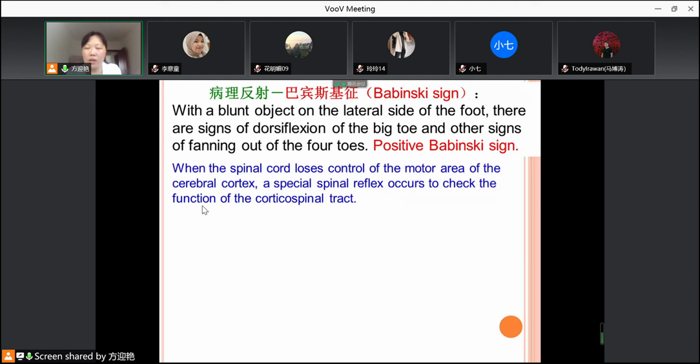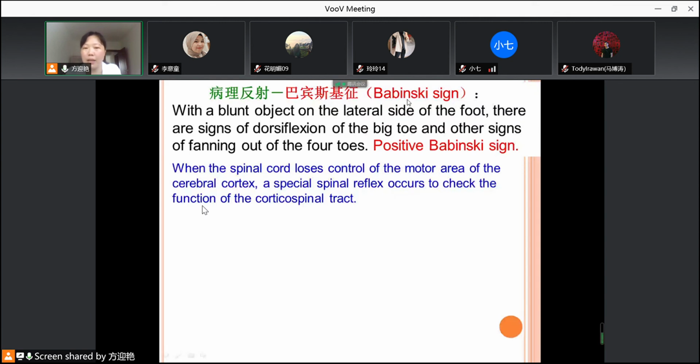As a doctor, you should test the patient and observe whether the reflex is negative or positive. If positive, it means some disease may have happened. Here I hope you know the pathological signs, as well as the physiological reflexes.